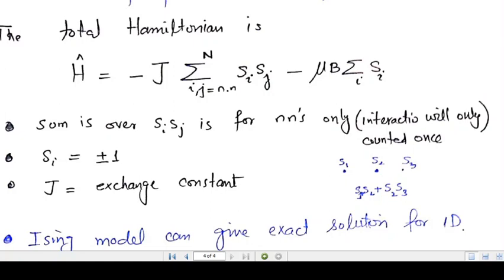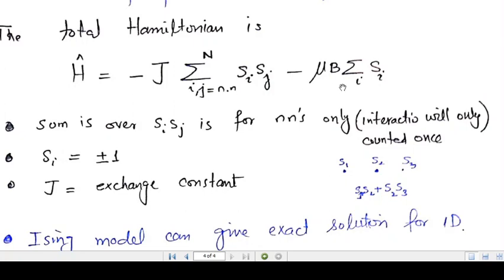But the Ising model is a very important model, so at least you should have some basic understanding of it. The Ising model basically considers the interaction only among the nearest neighbors, and this interaction is of the form given here. And whenever there is an applied magnetic field, you have to add this term as well.